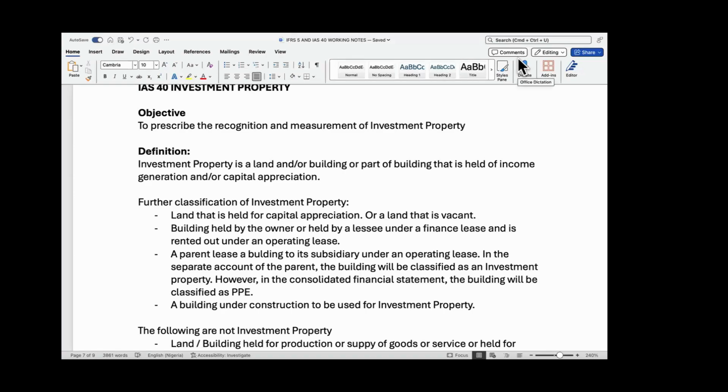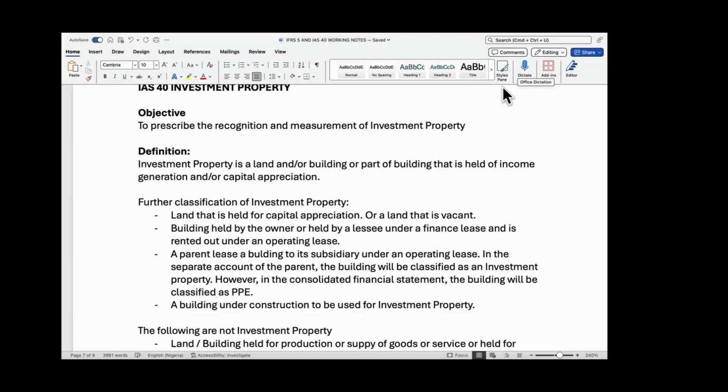And what makes them an investment property is that they are held for income generation or capital appreciation. Whether you're holding it to collect rent or you're holding it for it to appreciate in value. You see, there's a thin line between investment property and owner-occupied property, which is PPE.